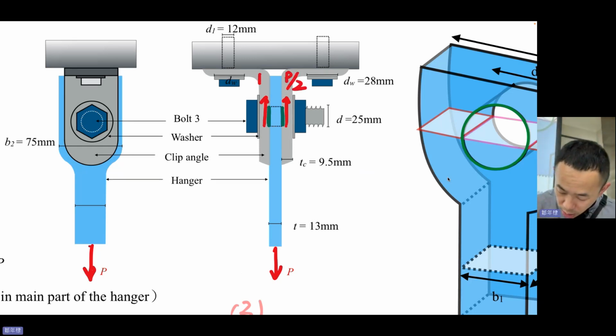So this should be 2P, 2P, so each green part has half P.